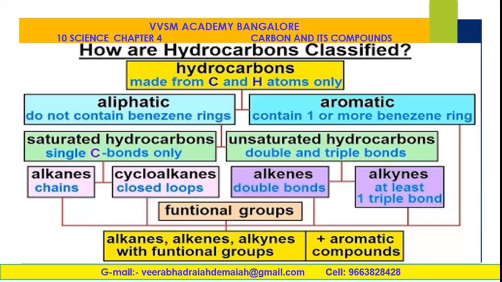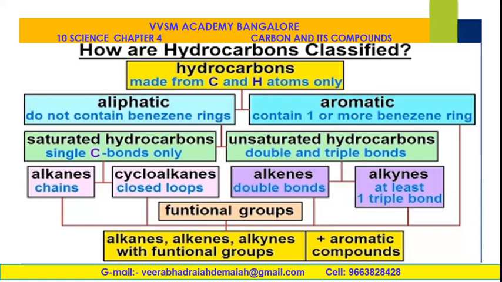What is saturated? Only single bonds. Saturated hydrocarbons mean only single bonds. Unsaturated hydrocarbons mean there may be a double bond or triple bond. So the unsaturated hydrocarbons are classified into alkenes and alkynes. Alkenes have a double bond. Alkynes have at least one triple bond.